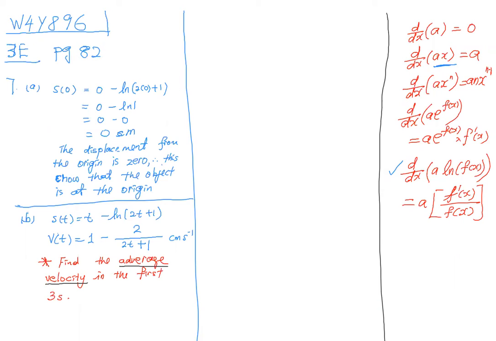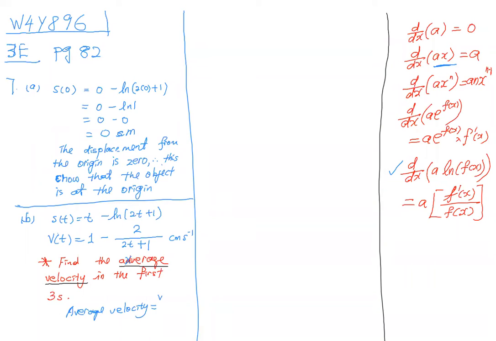Still remember when we learned the first principle, we talk about the slope of a chord. Slope of the chord is the average. So you just take the initial velocity. So average velocity, how you do?